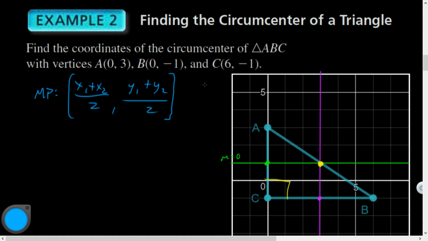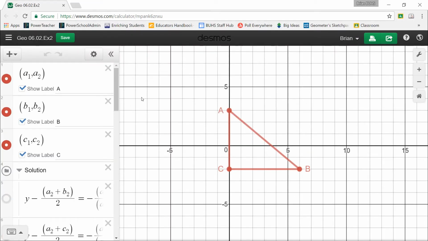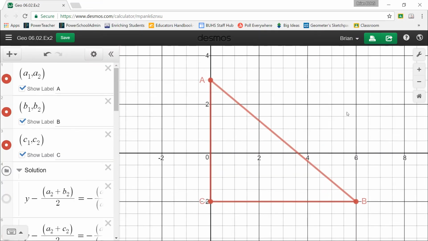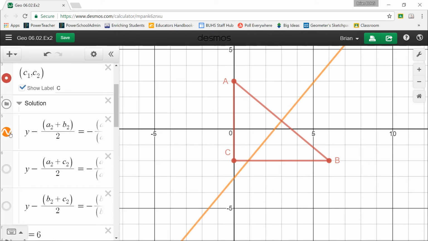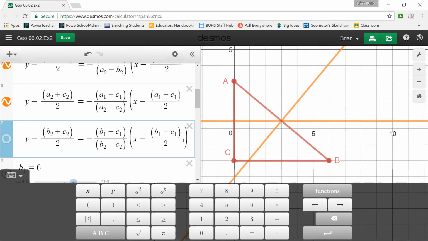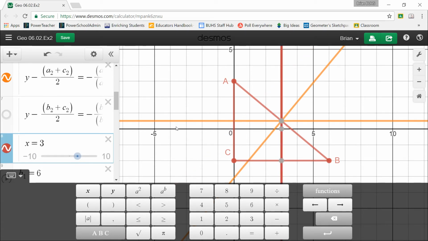But nonetheless, let me show you guys a little Desmos. Here's this problem in Desmos. If I want to see the solution, I can construct these perpendicular bisectors. And let's see, this one's not going to work. That's sad. That perpendicular bisector, yes, sorry, is going to be the equation x equals 3, like so.